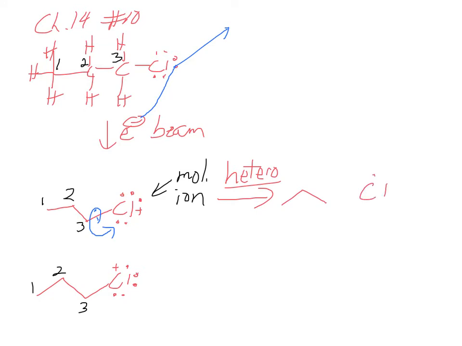Where should the plus charge now be? On the carbon. Does everybody see that? The chlorine doesn't have a charge because now the chlorine has 7 electrons around it. How many electrons does chlorine normally have around it? 7. So chlorine's fine. Two electrons go with the chlorine, so the plus charge is now on carbon 3.